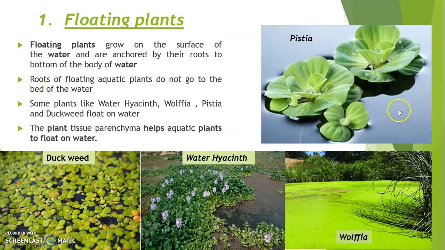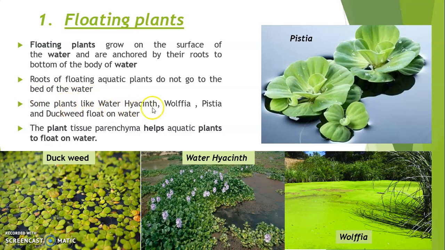Means there is soil inside the water, but these roots are very small and they cannot reach the bed of the river. So the roots of these plants are inside the water bodies but not at the bed. Okay, so roots of the floating aquatic plants do not go to the bed of the water.